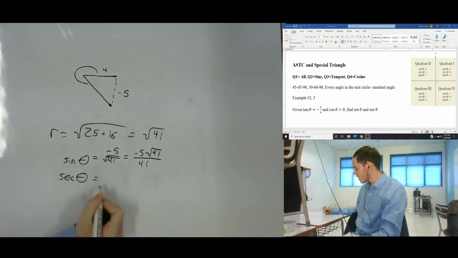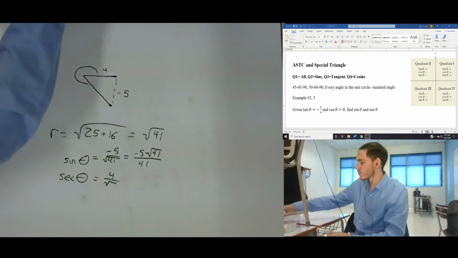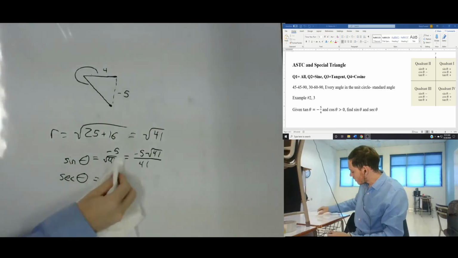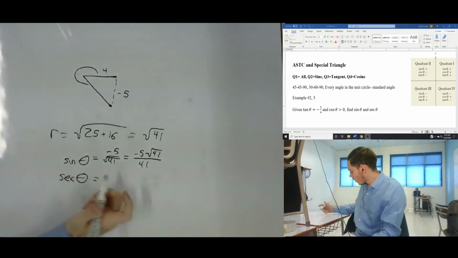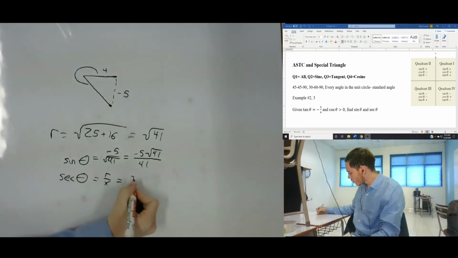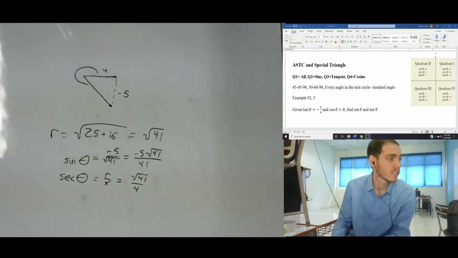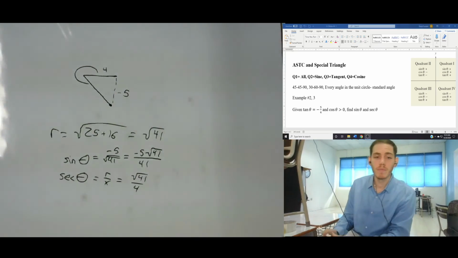And secant is going to equal radius over x, which equals the square root of 41 over 5. So our answer is that.